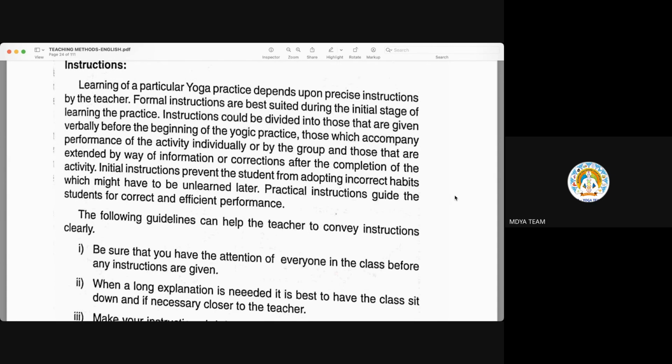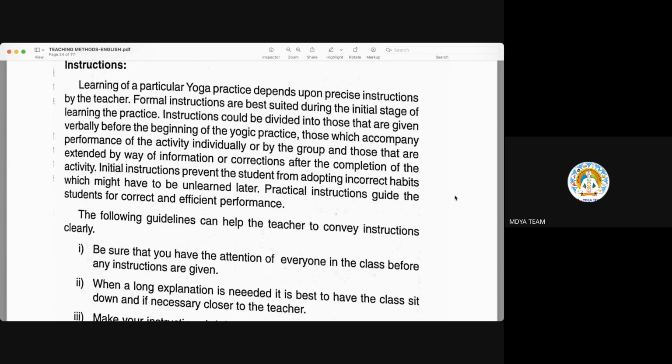Some students need more practice as compared to other groups. So initial instructions prevent the students from adopting incorrect habits, which might have to be unlearned later.